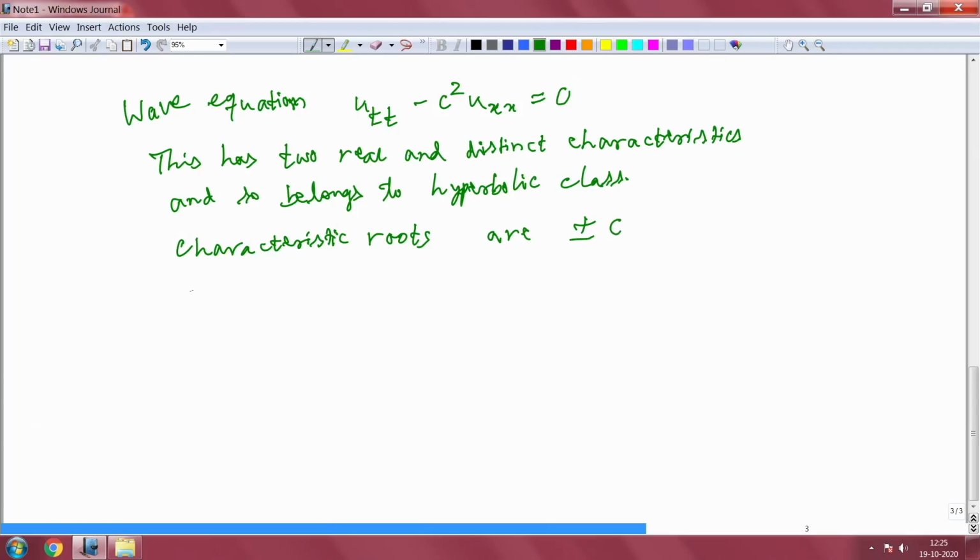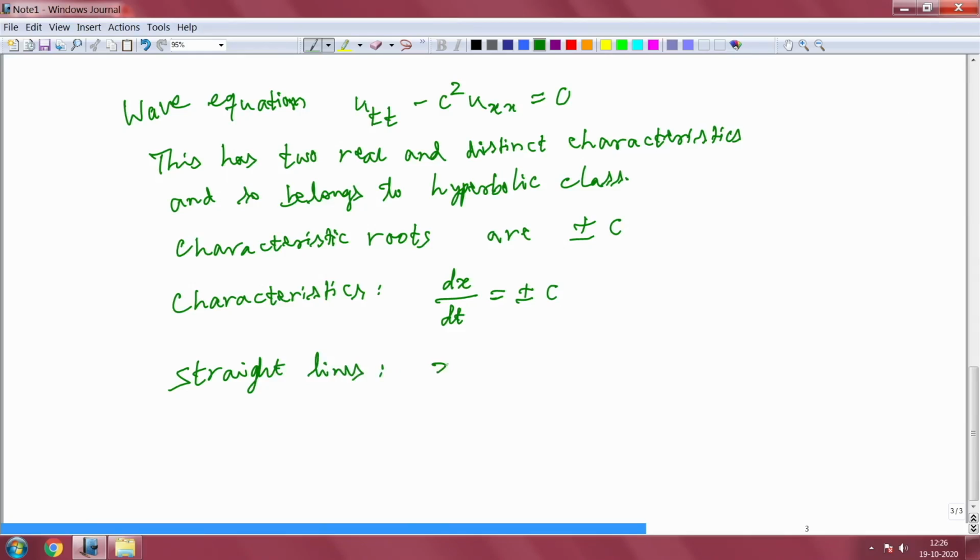Hence the characteristics are obtained by solving the first order equations dx by dt equal to plus or minus c. These are straight lines, in this case x plus or minus c t equal to constant.